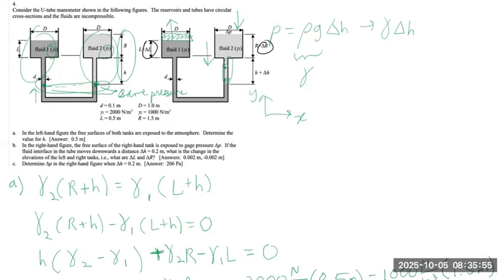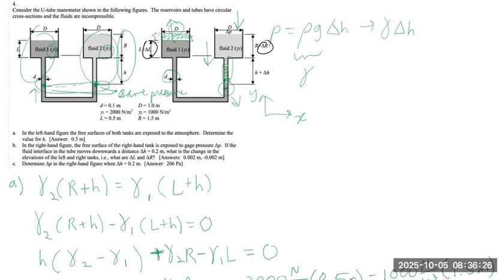The volume that fluid 2 moves down is equal to the volume that fluid 1 moves upwards. It's just that the heights are different, since big D is greater than small d, which is the diameter of the thin tube part of the manometer.